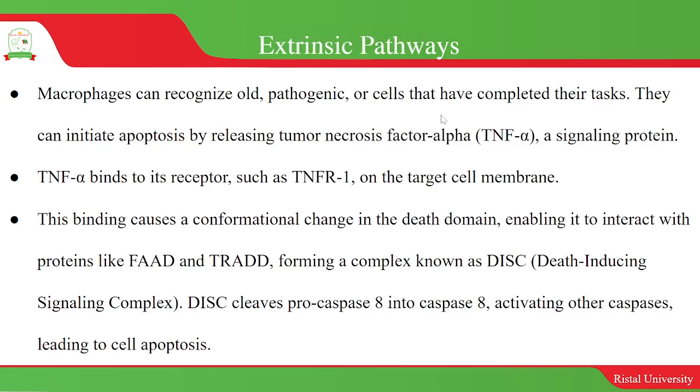Macrophages, like we talked about yesterday, are some of the important phagocytic cells in the body. They recognize cells that are very old, or cells that are diseased, like the ones we call pathogenic cells, and that these cells need to be removed. So the macrophages can initiate apoptosis through the extrinsic pathway.